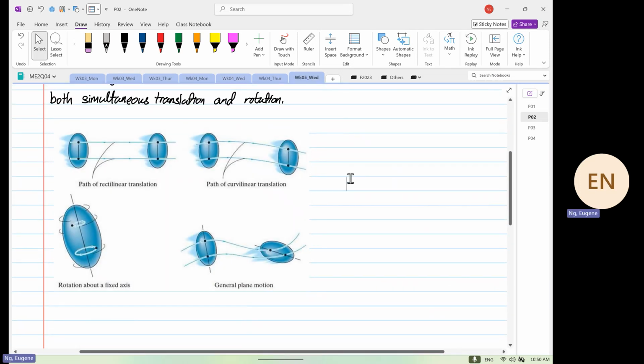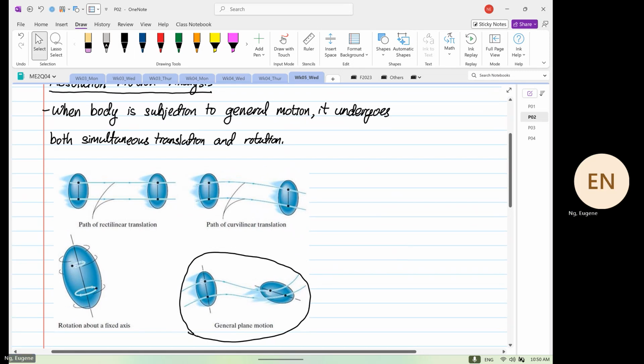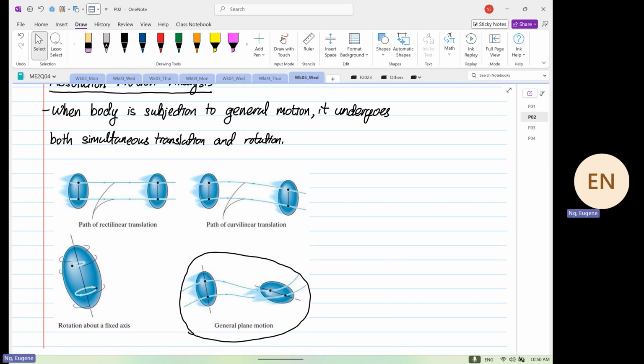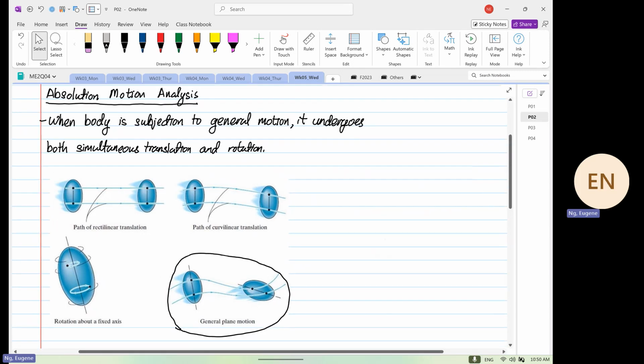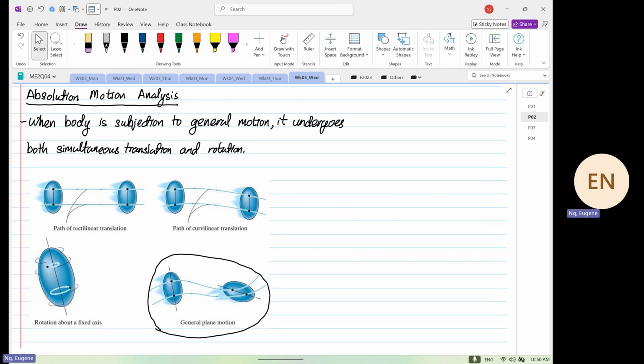Okay. So this diagram we spoke about is going through both what? Undergo both simultaneous translation and what? Motion and rotation. Now to analyze this, we have to be more cautious, because we have to combine two ways of analysis.